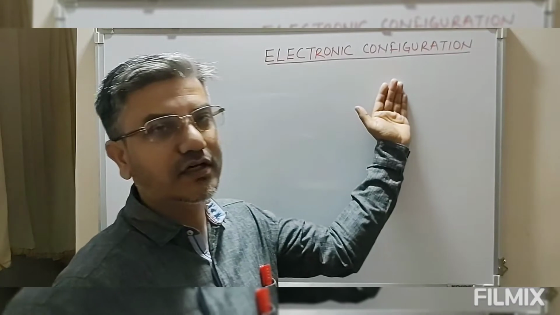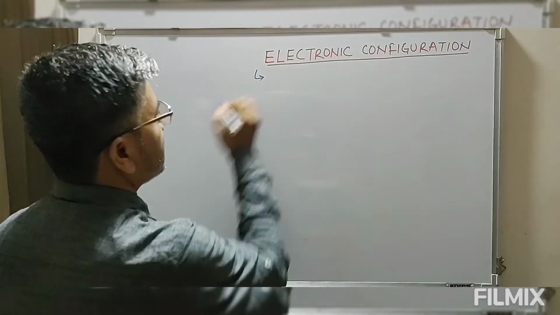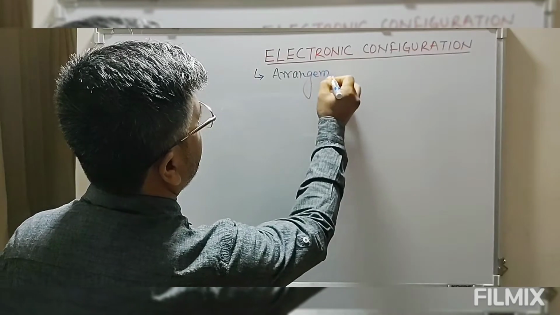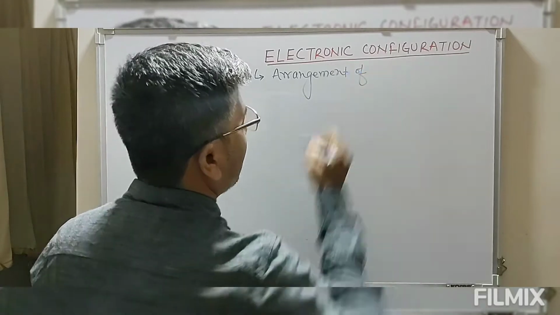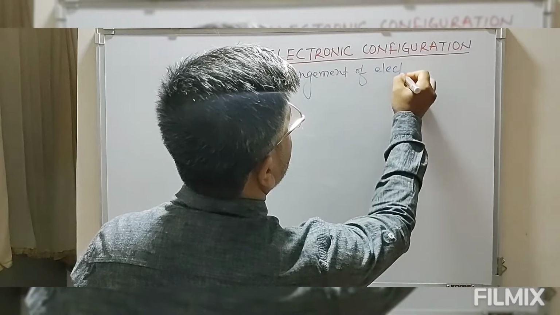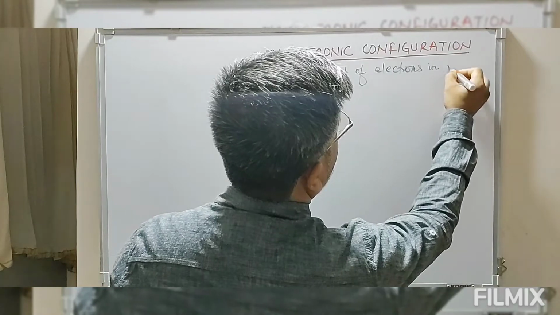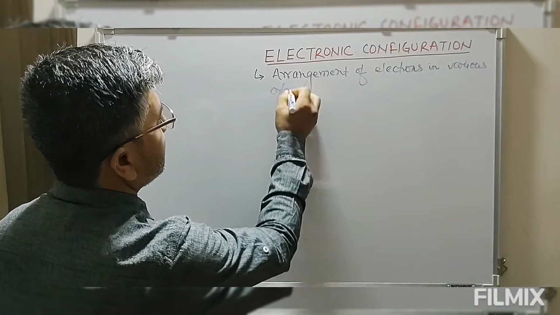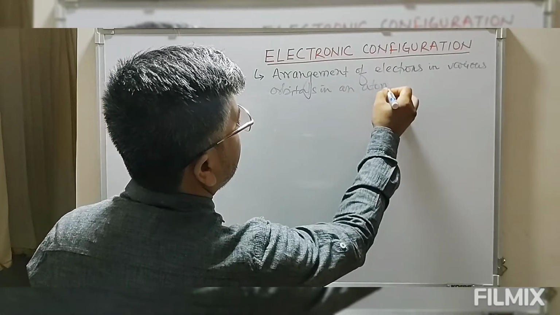So from a definition point of view, it is defined as the arrangement of electrons in various orbitals in an atom.